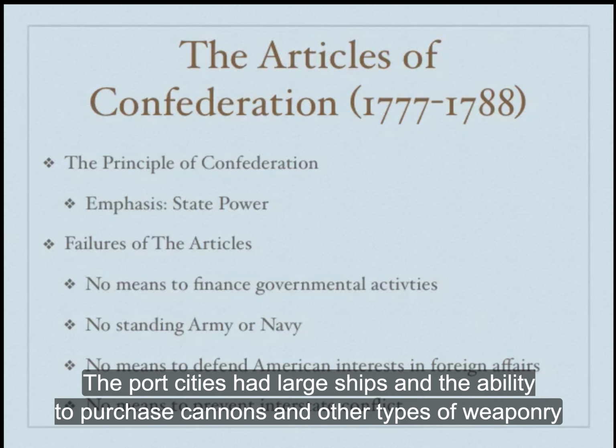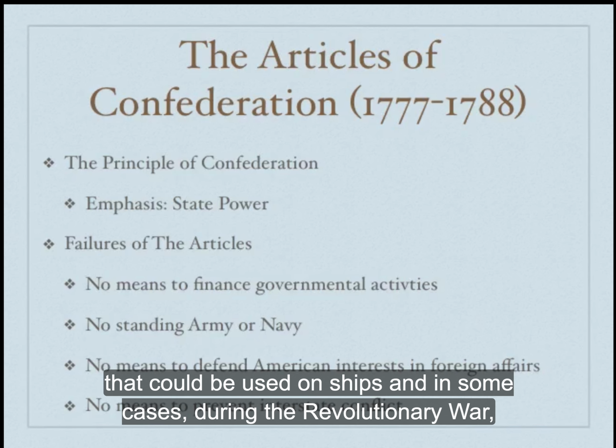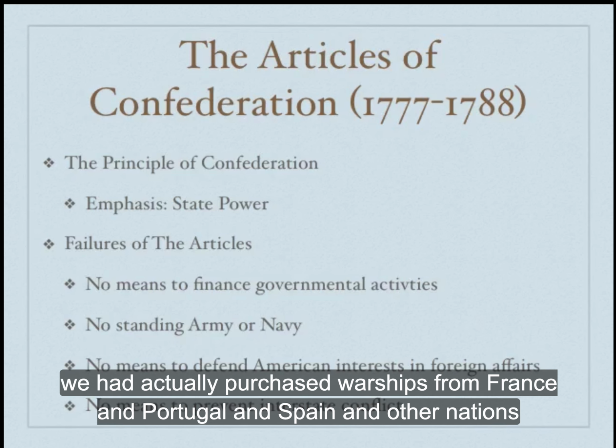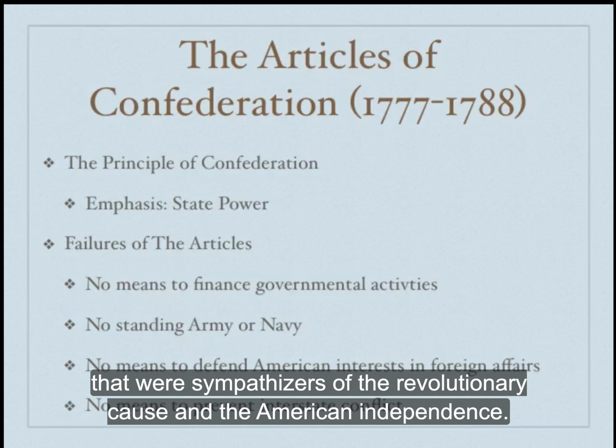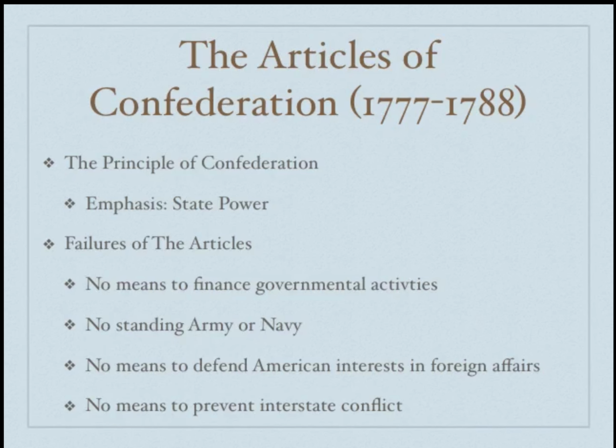The port cities had large ships and the ability to purchase cannons and other types of weaponry that could be used on ships. And in some cases, during the Revolutionary War, we had actually purchased warships from France, Portugal, Spain, and other nations that were sympathizers of the revolutionary cause and American independence.